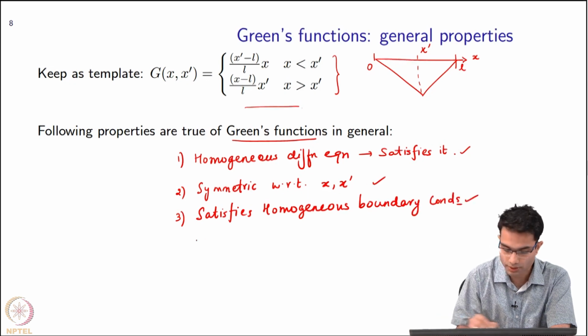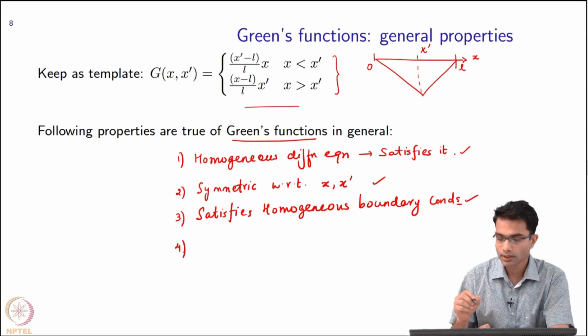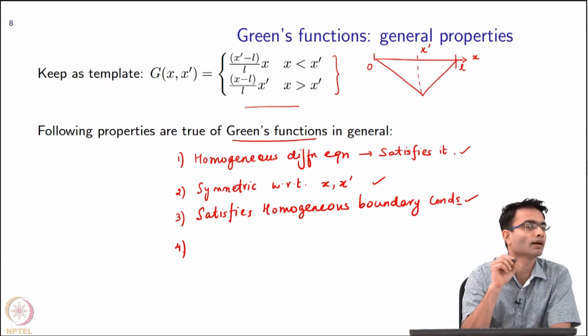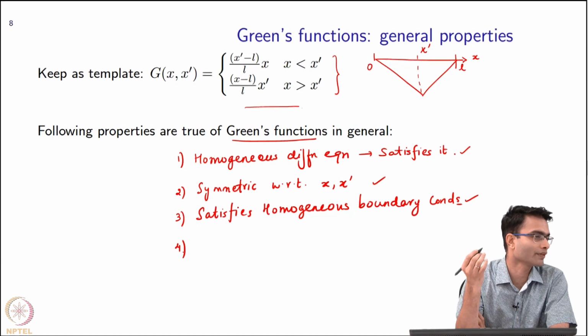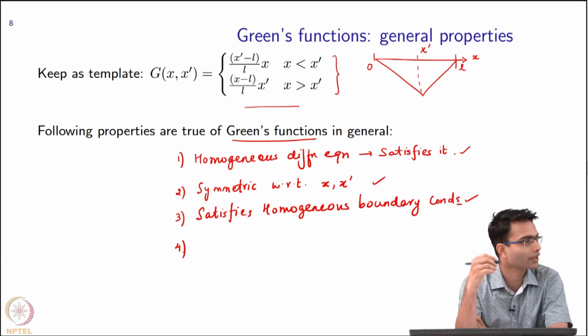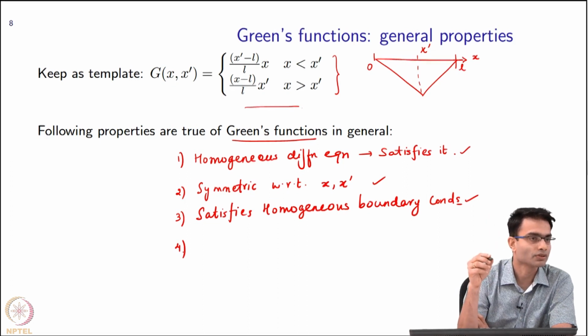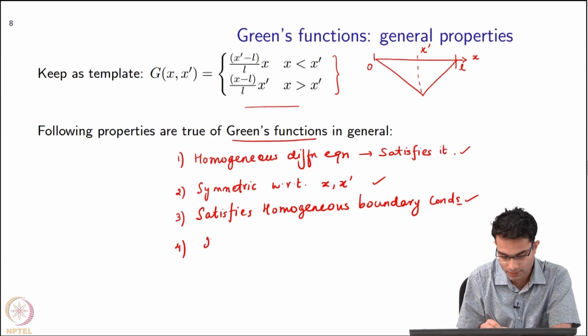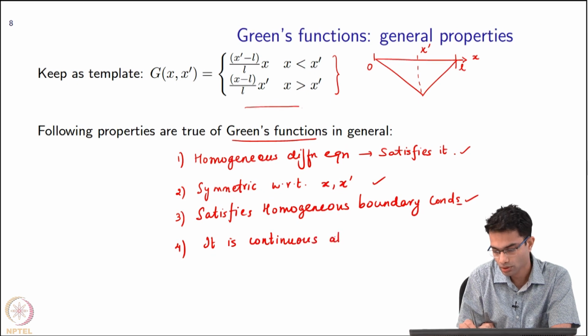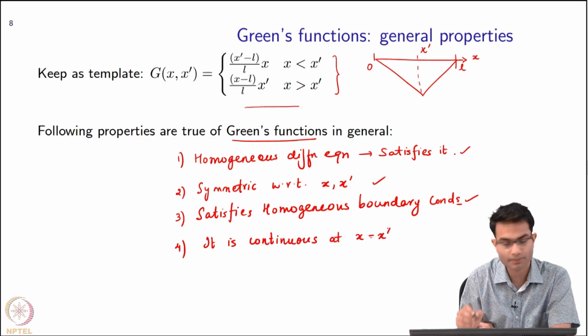The other condition is that we had 4 variables, and the 4th trick that we used to eliminate all of them was continuity. So it is continuous at x equal to x prime.